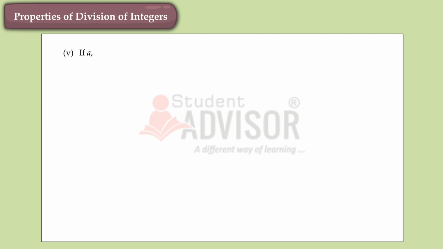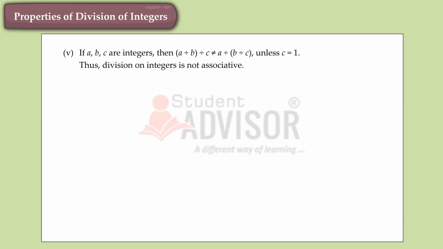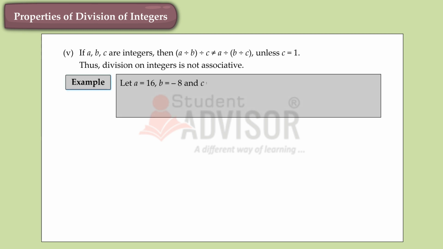If a, b, c are integers, then (a divided by b) divided by c is not equal to a divided by (b divided by c) unless c equals 1. Thus, division of integers is not associative. Study the given example.